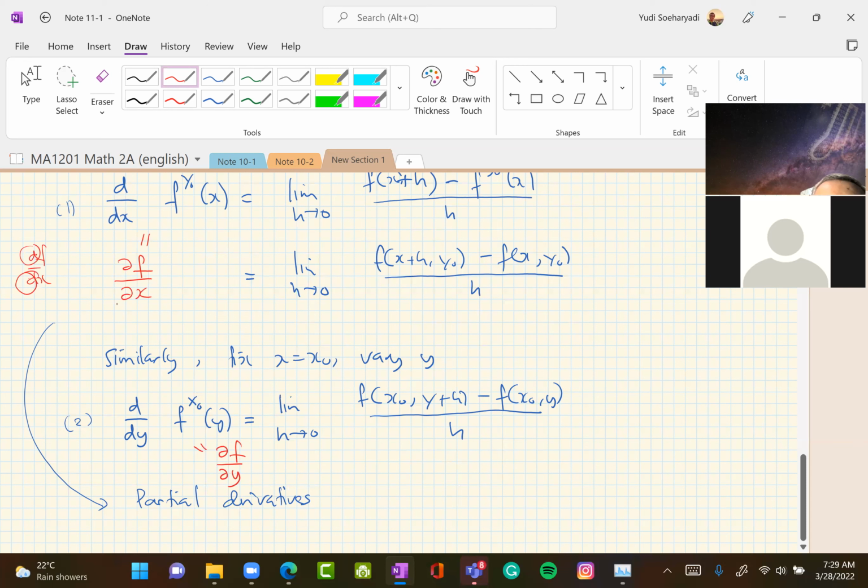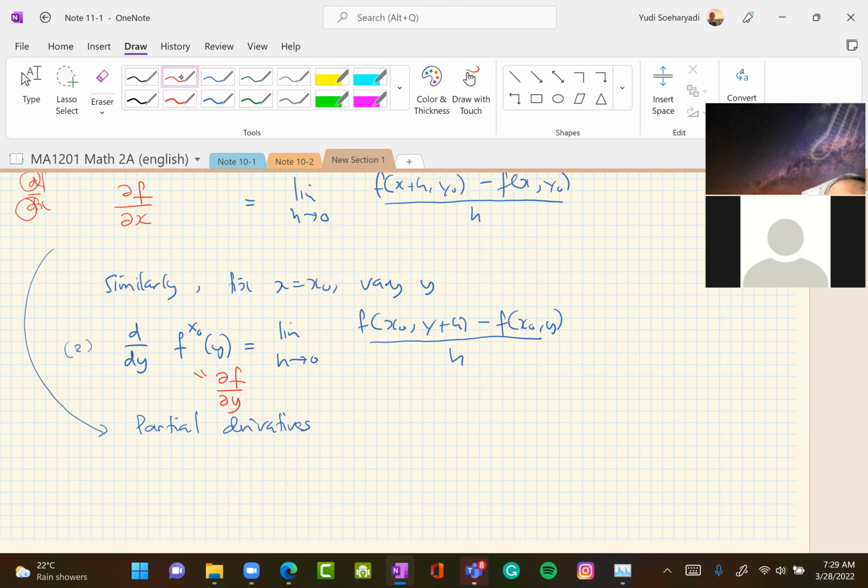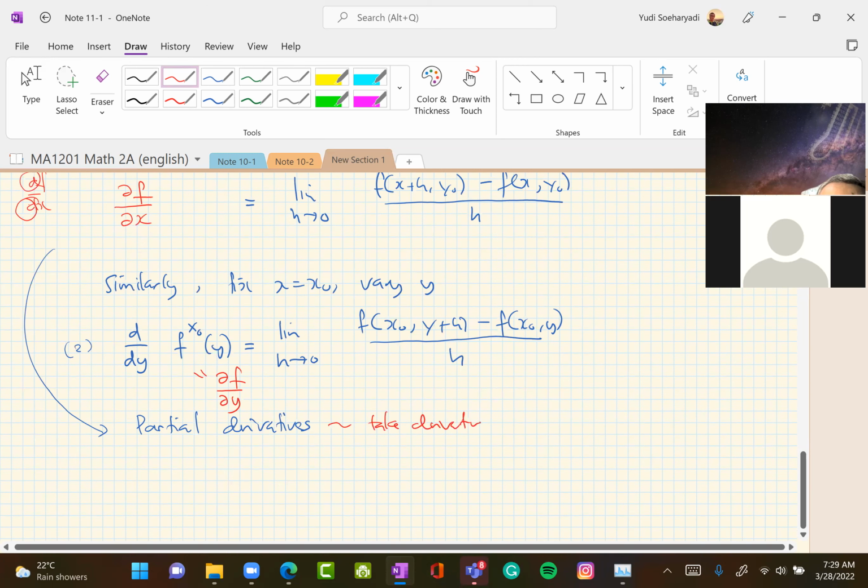Sometimes you hear people call it dou f dou x, the same thing as df dx, but partial. Partial derivative means that you take the derivative with respect to only one variable while keeping the others fixed, because you may have more than two variables.